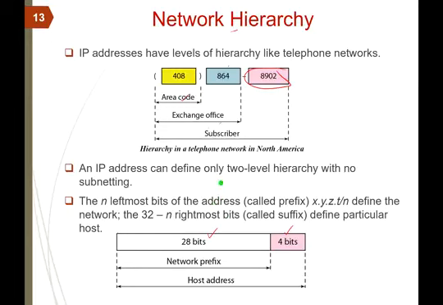In classful addressing, we have only a 2-level hierarchy if there is no subnetting. Without subnetting, you have the net ID and host ID. But with subnetting, you can have any number of levels of hierarchy. You can have something like this. But without subnetting, you only have this 2-level hierarchy. Level 1, level 2. Okay?